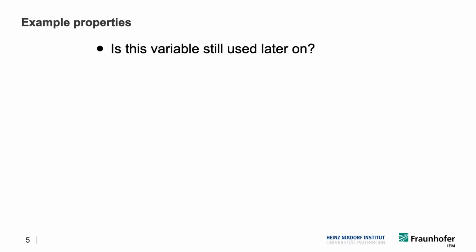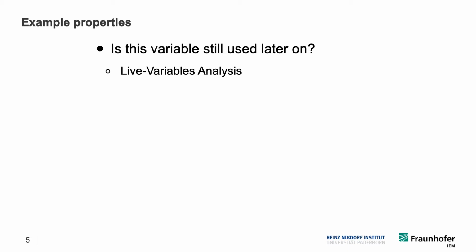So for instance, often you want to know, is a certain variable still being used later on? And this can be decided, for instance, by a so-called live variables analysis. Why is that important? You can think about that for a few seconds. Well, for instance, it's an important property to decide in compiler optimizations, right?